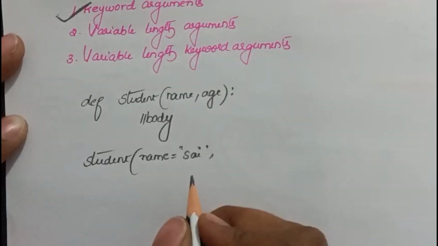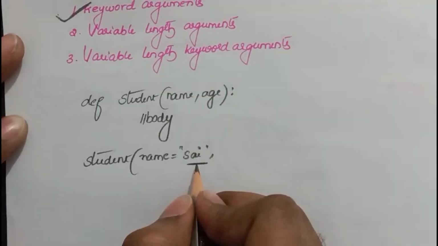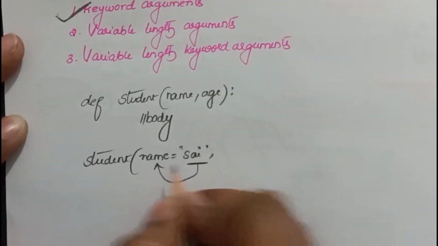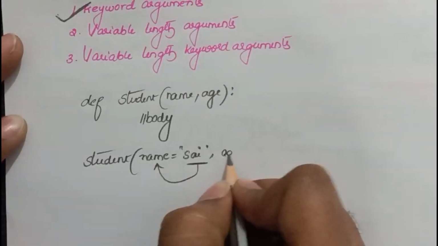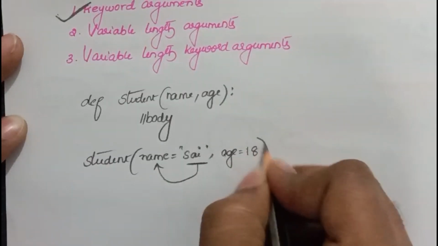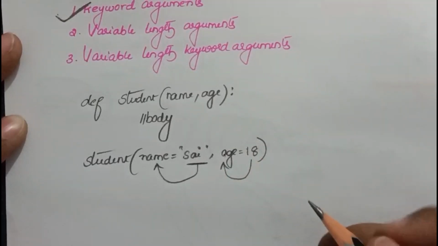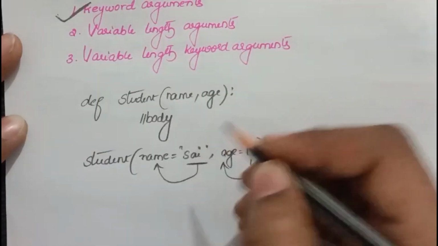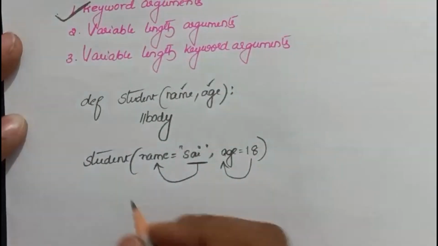So we are passing Sai as a value and it should get assigned to a parameter called name, and the value which we are passing, let's say 18, should be assigned to a parameter called age. So Sai will get stored in name, 18 will get stored in age.